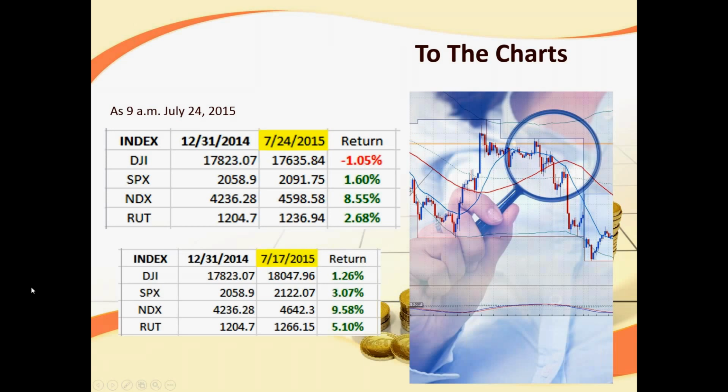So as of 9 o'clock this morning, here's where we stand. As we can see, the Dow is back down in negative territory. The S&P has dropped from where it was last week, because the comparison is here's last week, 717. The NASDAQ has dropped from last week, not as significantly as the S&P or the Russell, but it has dropped a little bit.